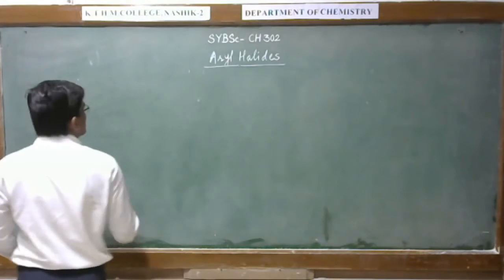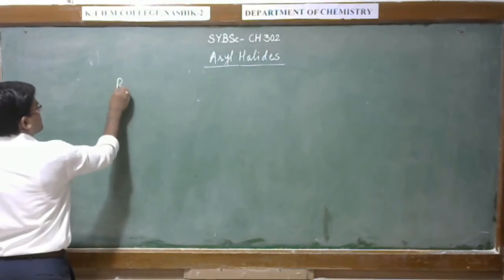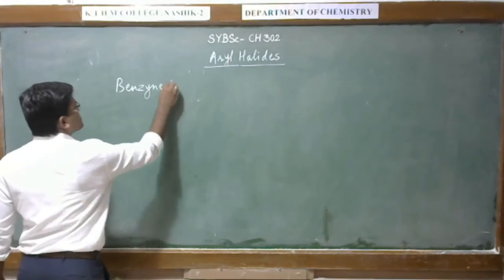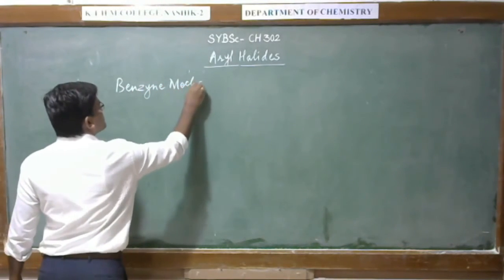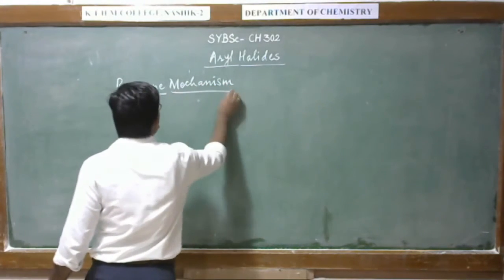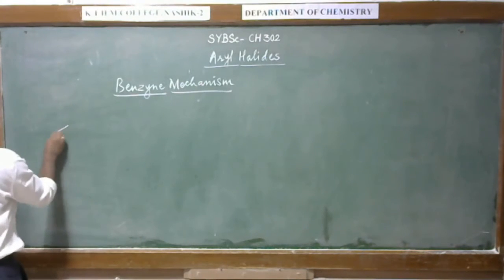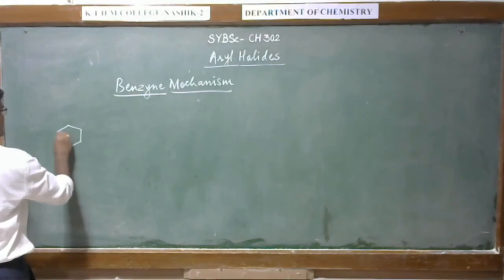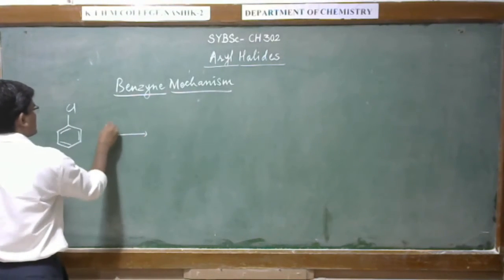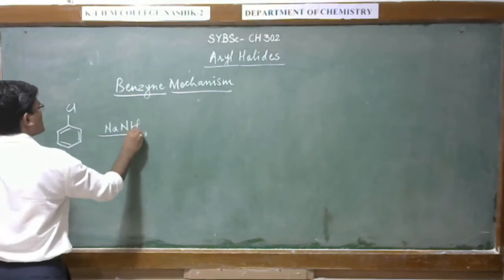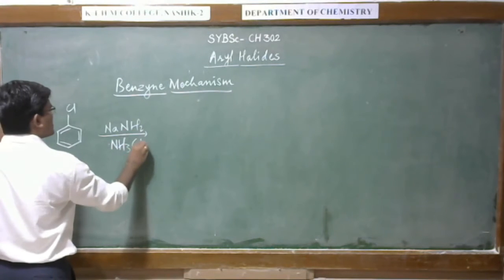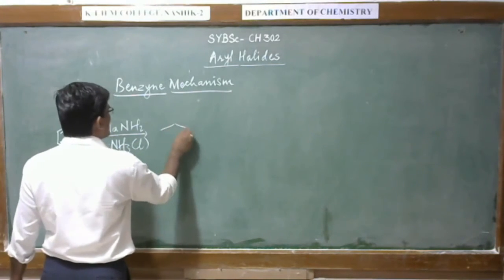Alright. So let us have this benzyne mechanism. So when this chlorobenzene reacts with sodium amide in the presence of liquid ammonia, it gives aniline.